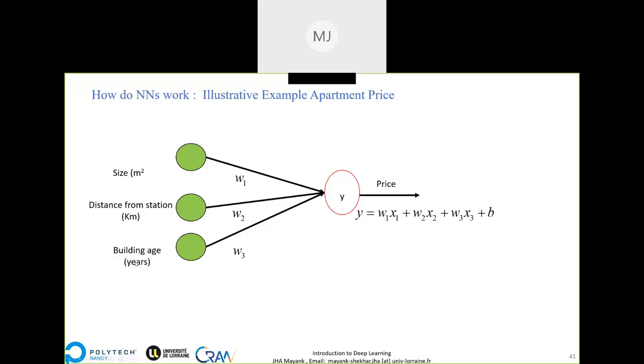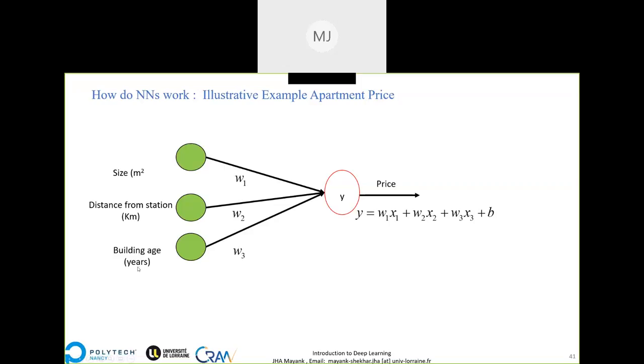It can also be the age of the building, and there are many factors, but we are going to only consider these three. Bear in mind that the units of all these inputs are different. So the size is in meter square, the distance is in kilometers, the building is in years.